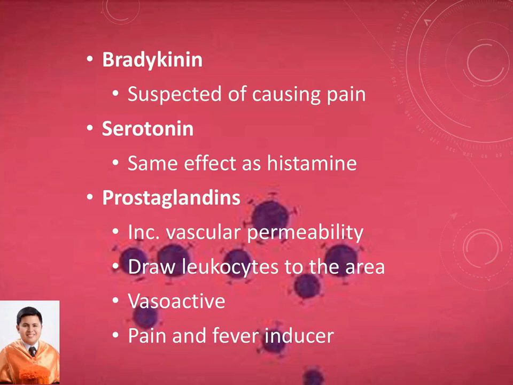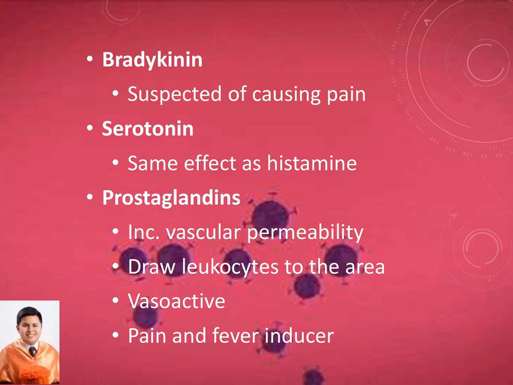Here are other examples of chemical mediators with their specific functions. We have the bradykinin, particularly the main cause of pain in an inflammatory response. We also have serotonin, which has the same effect as histamine. It also promotes vasodilation. And last would be the prostaglandins.